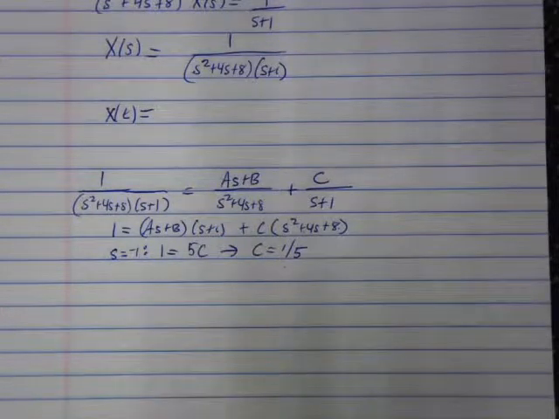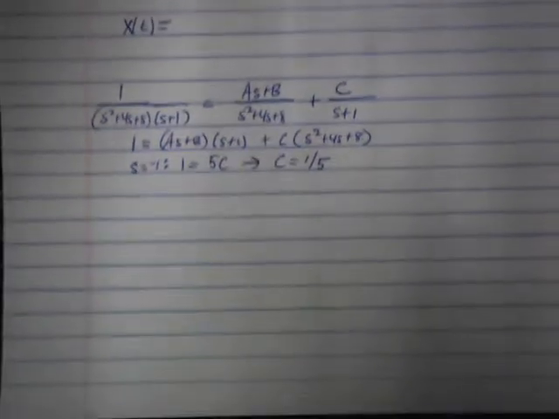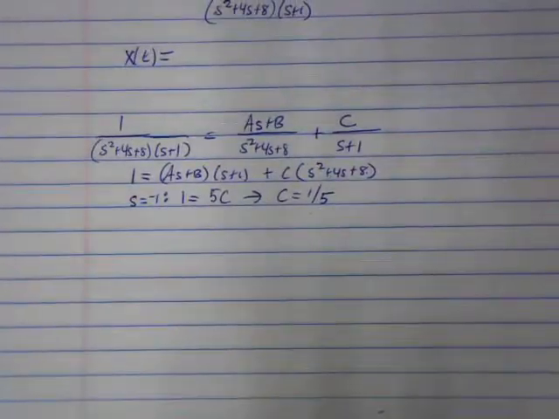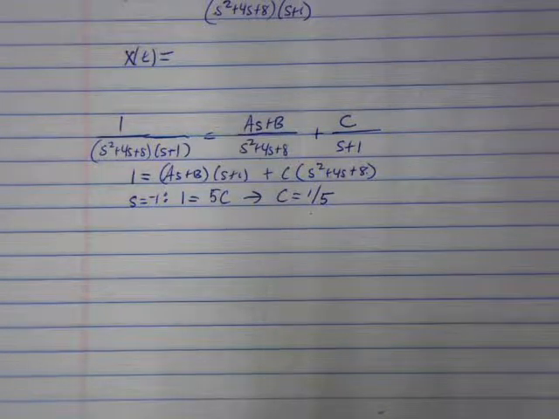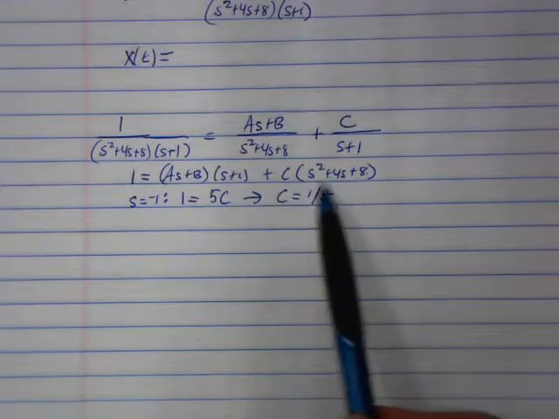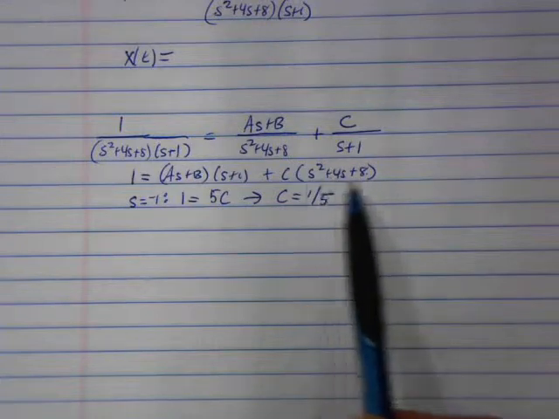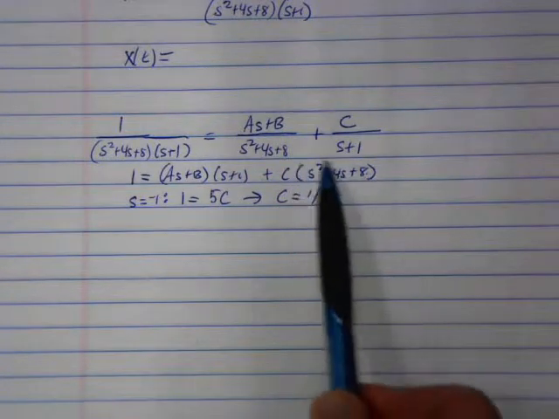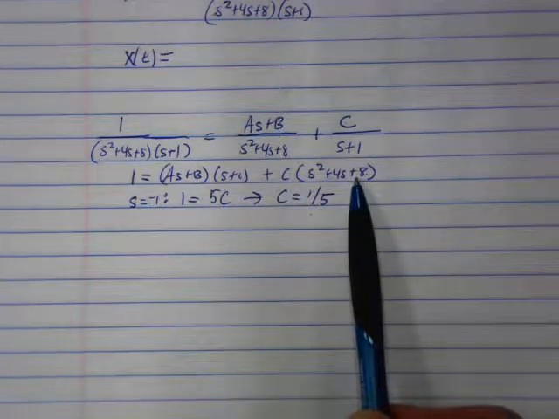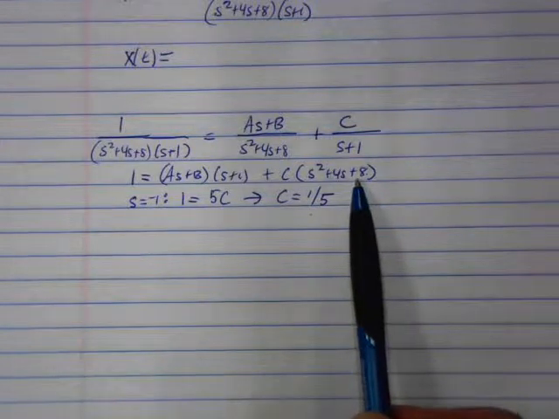Okay, how am I going to find a and b? I've got a choice here. One choice would be to figure out what numbers give you 0 here. Can you just plug in 0? And then that'll get b by itself. Oh, that's an excellent idea.